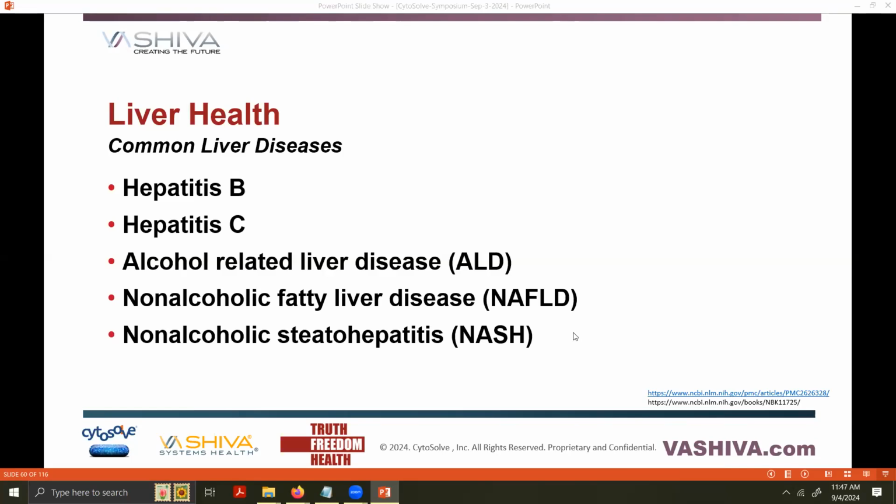It's called NASH, and NASH stands for non-alcoholic steatohepatitis. These are many well-known liver diseases, but a lot of research is going into NASH. Next.